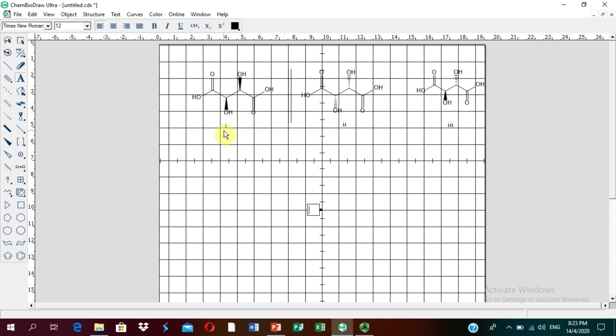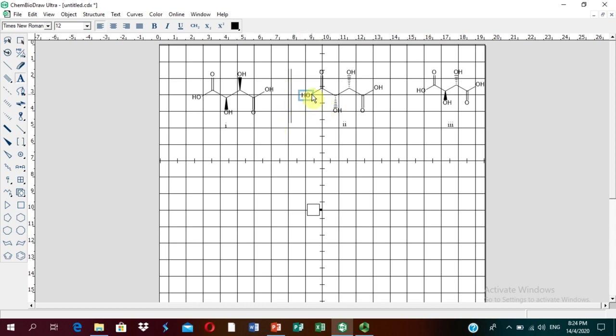If you compare structure number 1 and number 2, this is COOH, OH on wedge, OH on wedge, so moving towards you, and then this is COOH. This is a dicarboxylic acid. This is the mirror image. This is the mirror.